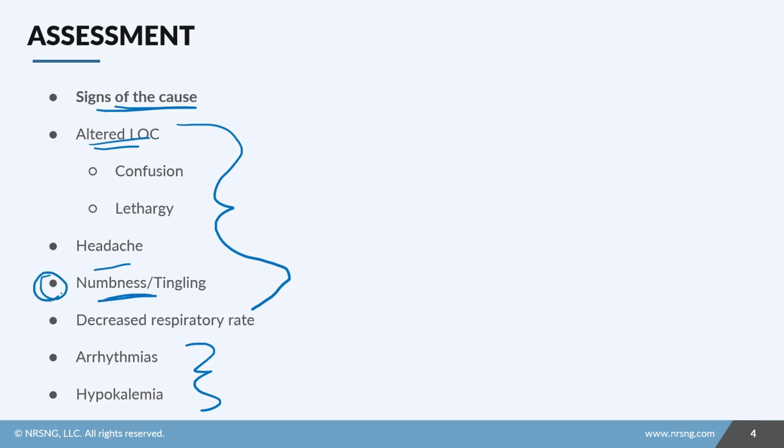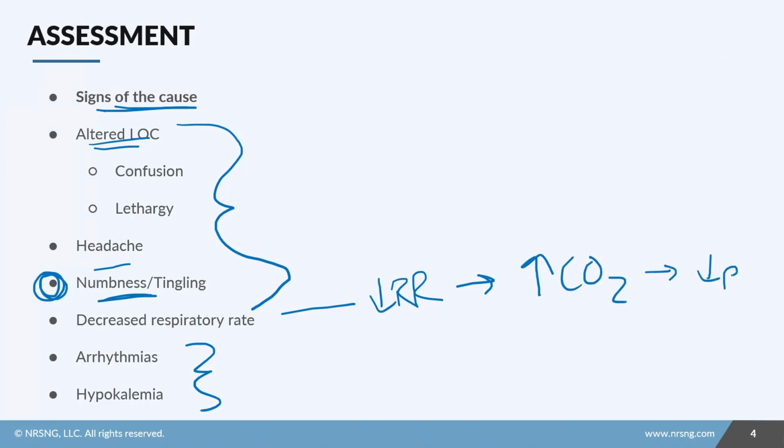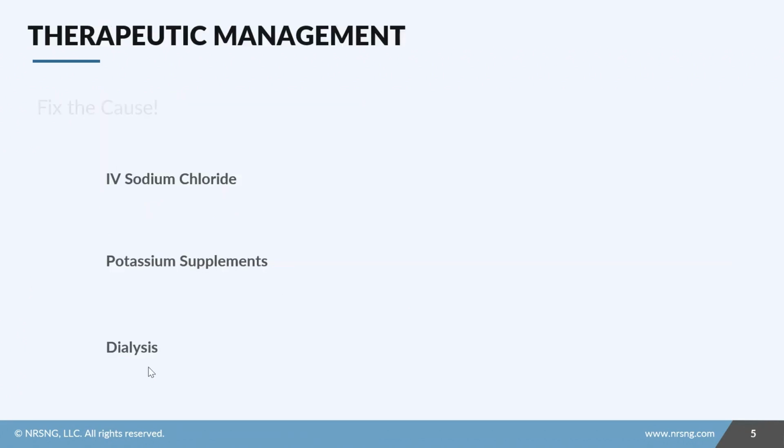You'll notice the numbness and tingling is associated with alkalosis, both respiratory and metabolic. And then a decreased respiratory rate. Why? Because if I can decrease my respiratory rate, I can hang on to CO2, CO2 is an acid, and that will help me bring my pH back down. And then again, signs of hypokalemia, things like arrhythmias, muscle weakness, and EKG changes.